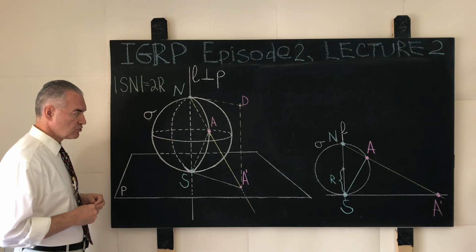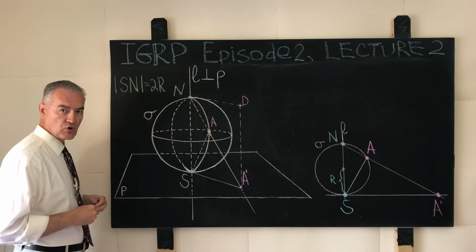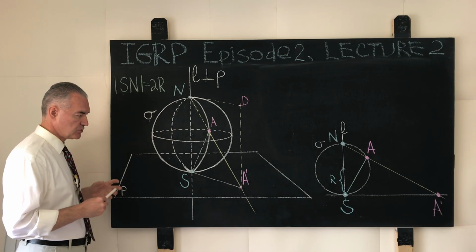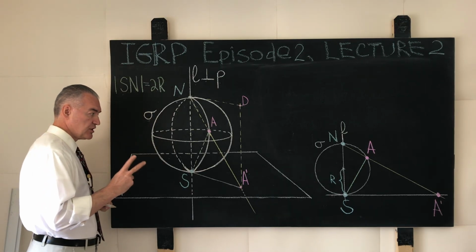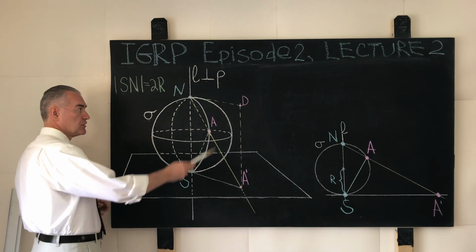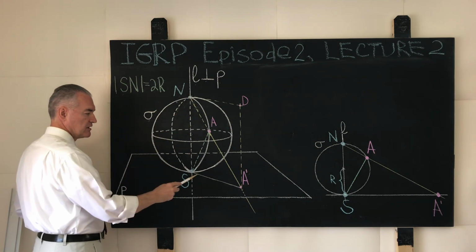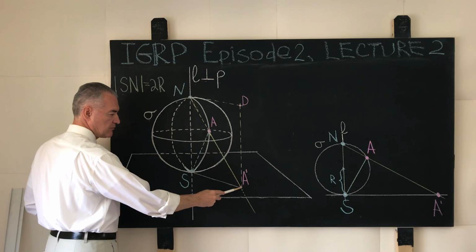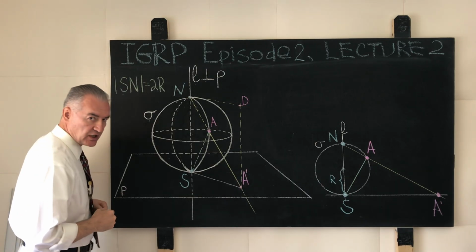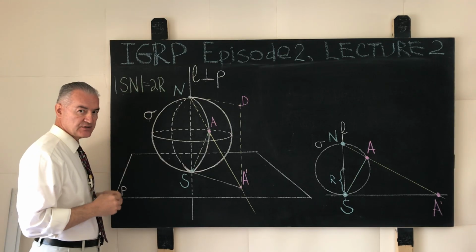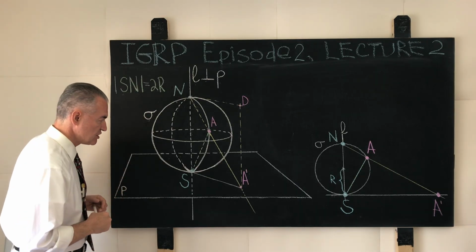But in order to make sure that all of our viewers understand what is about to unfold, we will do the following two things. First, we will use the points N, S, and A prime, three distinct points, in order to construct a unique plane, because that is how Euclidean geometry works.